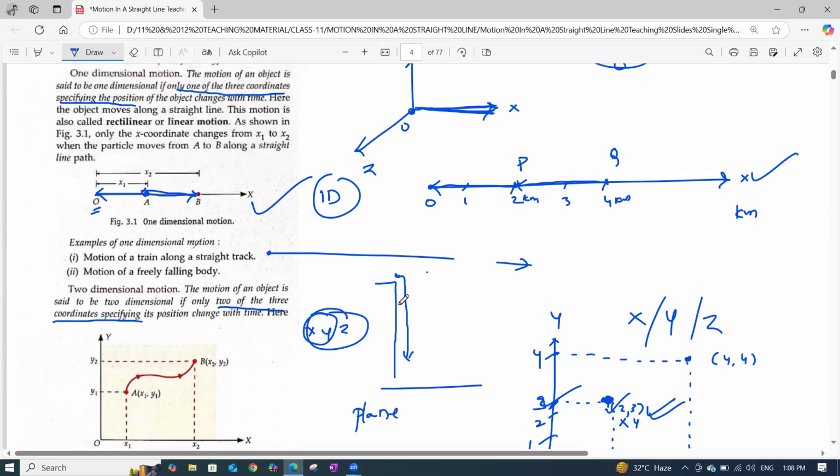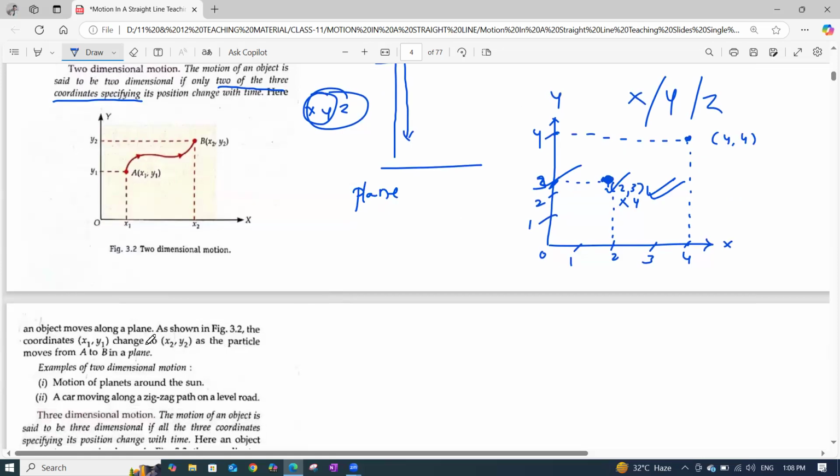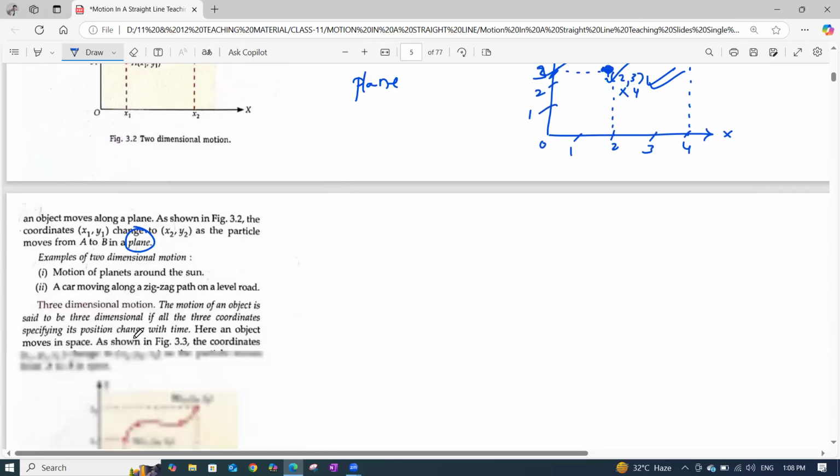One-dimensional motion is also known as motion in a straight line. Two-dimensional motion we can call motion in a plane. Examples: motion of a planet around the sun; a car moving along a zigzag path on a level road. So these are the examples for 2D motion.